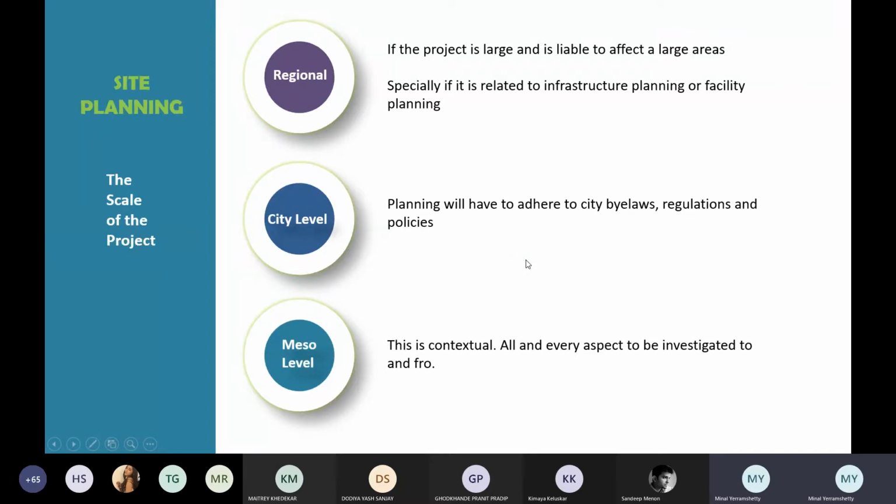So for your project, whatever your interest and whatever the final interpretation would be, you would need to start with this kind of analysis or data gathering. At the city level, definitely you will need to go into the city bylaws, regulations, policies, what all things need to be taken care of at that level.